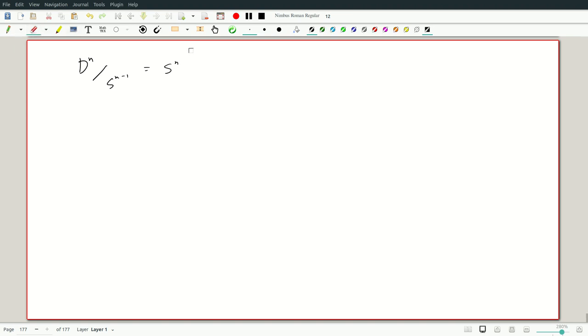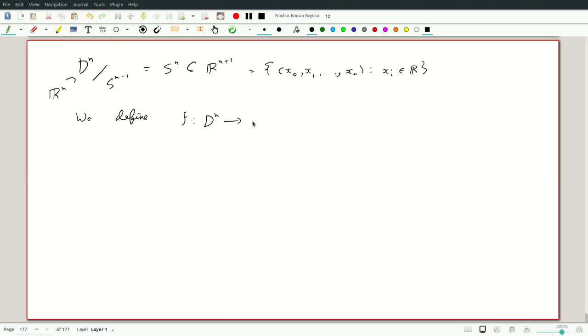Now S^n is contained in R^(n+1), which just for convenience I'm going to write as x0, x1, ..., xn, with xi in R. And D^n is of course contained in R^n, those of norm less than or equal to 1, and S^(n-1) are those of norm 1. Namely, we define f from D^n to S^n by, well, let's look at D^2 here as an example.